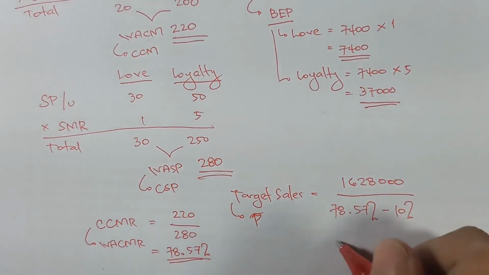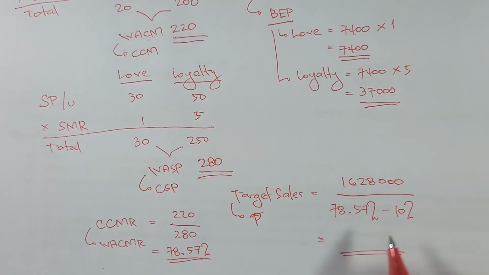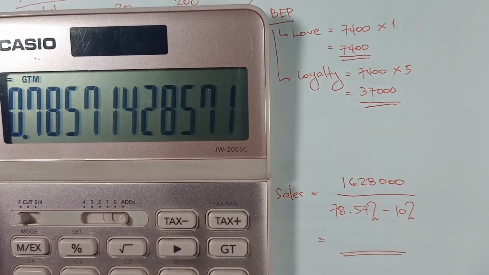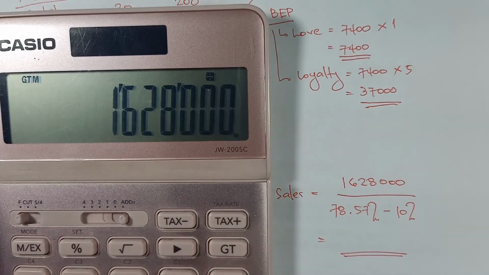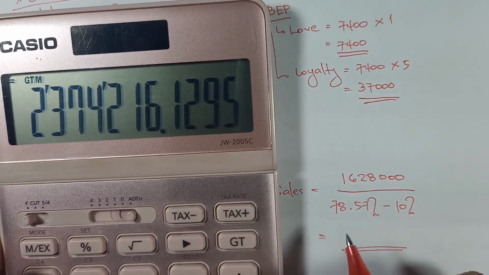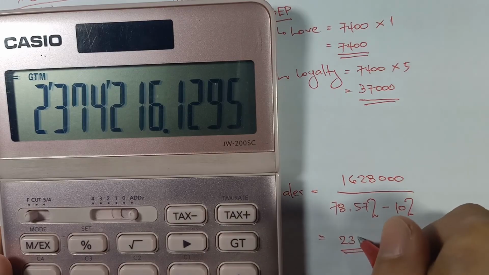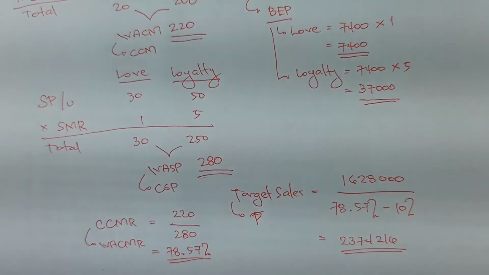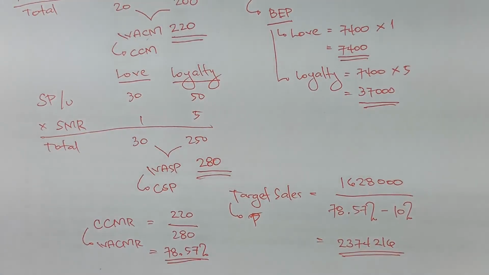So, 1,628,000 divided by 0.6857, or this is equal to 2,374,216. So, requirement letter B, 2,374,216 is our final answer.